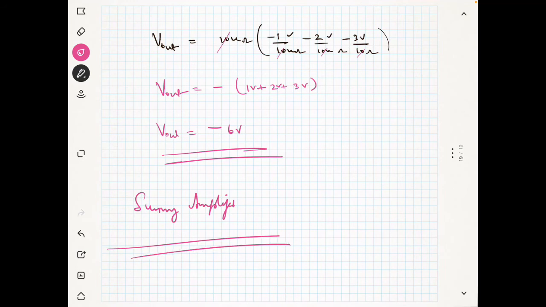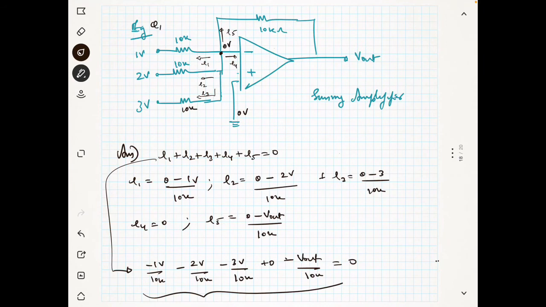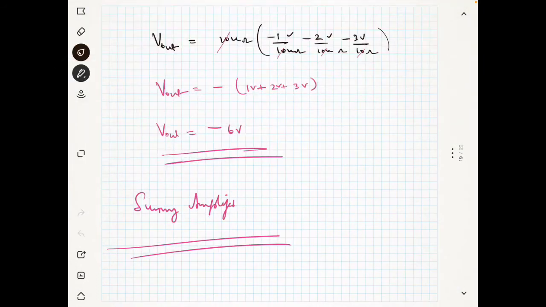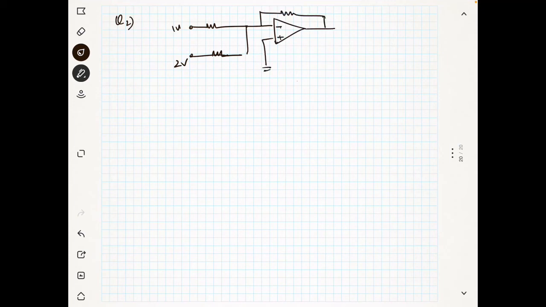Now we will see another example. I think this is clear to you. Let me put this one as question 1, and another one as question 2. I have this is 1 volt and this is 2 volt, and this is minus, this is plus, and I'm connecting a feedback like this.